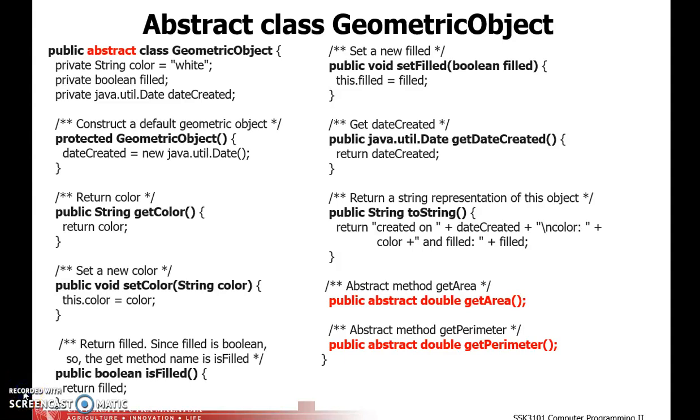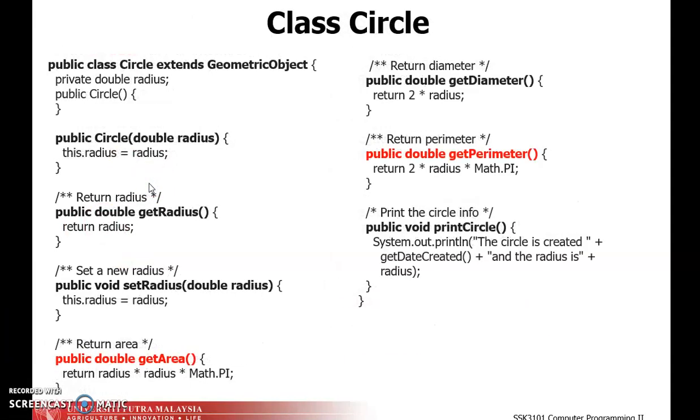Okay, now we look into the class Circle. We know that class Circle is a subclass of class GeometricObject by looking at the class diagram, and class Circle is extending class GeometricObject as well.